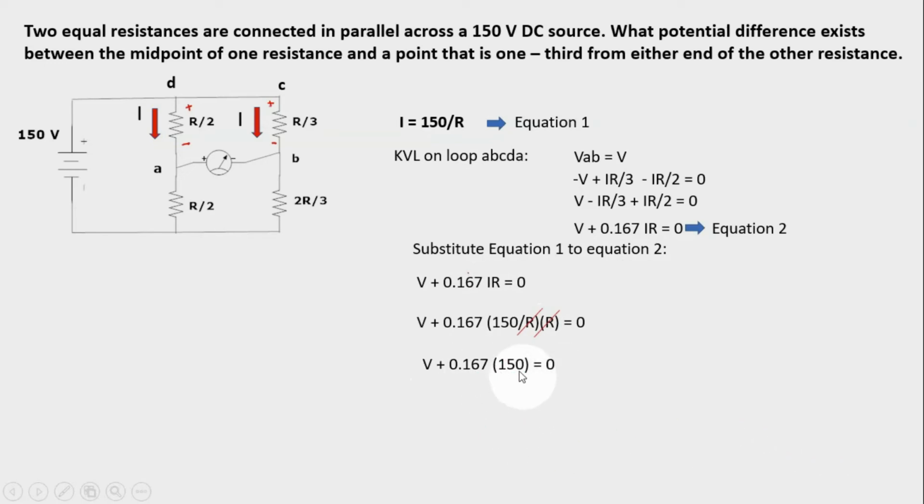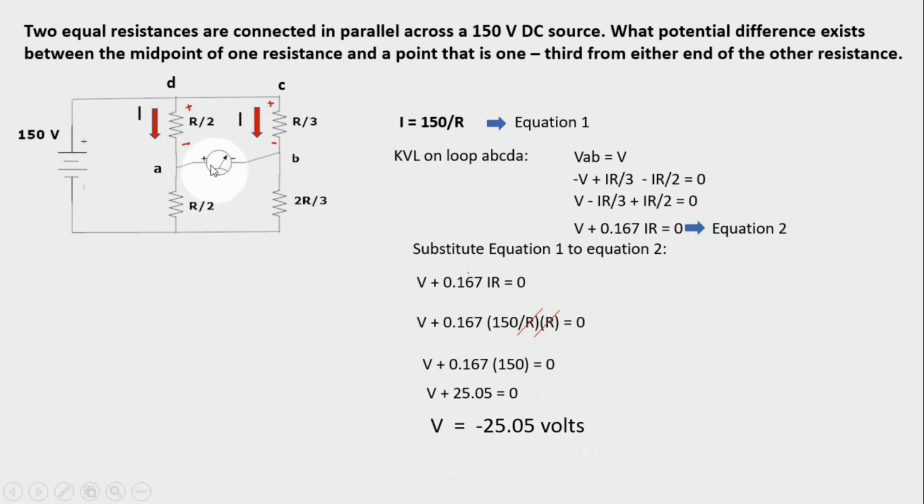If you multiply that, it will give you V plus 25.05 equals 0. Now, if you move this positive value to the right part of the equation, it will become negative. So V here, the value of AB, is negative 25.05 volts.